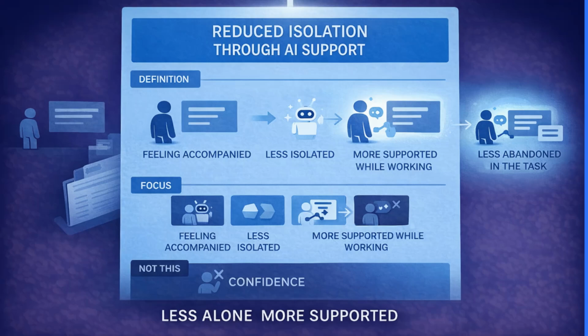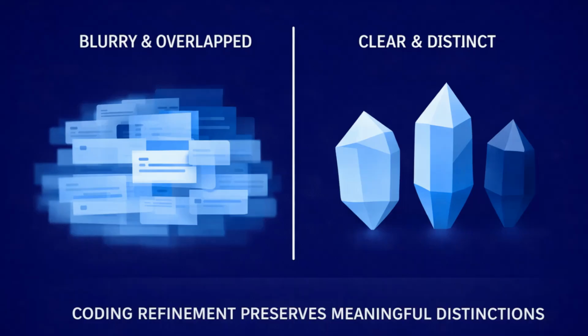The boundary note might clarify that this code should not be used for general confidence increases, unless the core emphasis is specifically on reduced isolation. This is how a codebook becomes more precise. It does not simply accumulate more labels. It refines its ability to preserve meaningful distinctions.